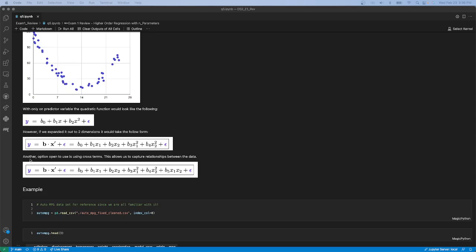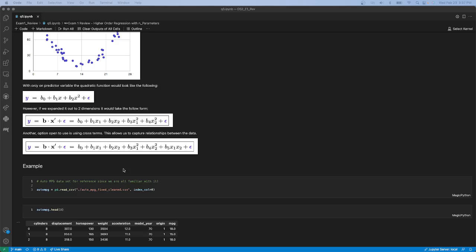You can expand this formula to include more terms, fewer terms, and you can expand it to have as many features as you want. But this is, I think, a good representation of what we're actually doing here with quadratic regression, and gives a nice difference between the simplest case, expanding out the features, and then adding in cross terms.